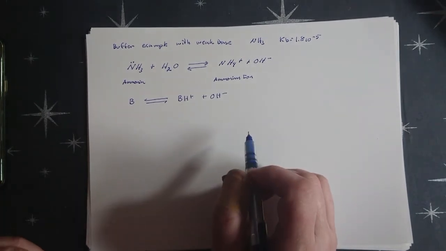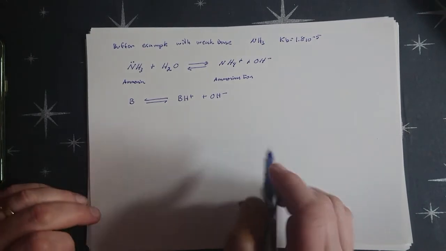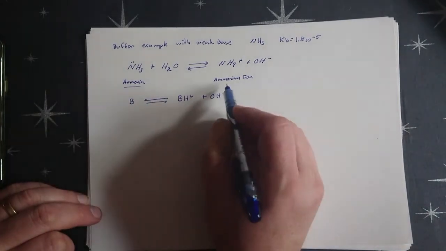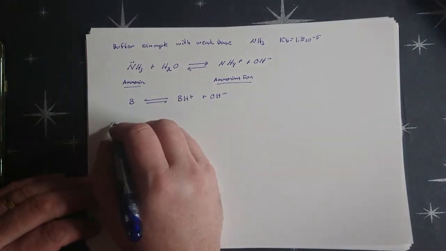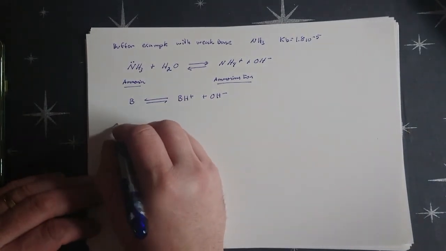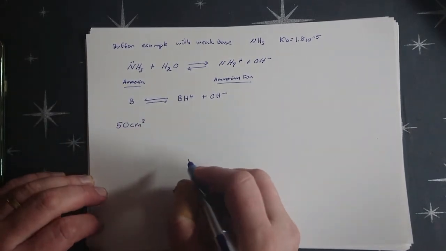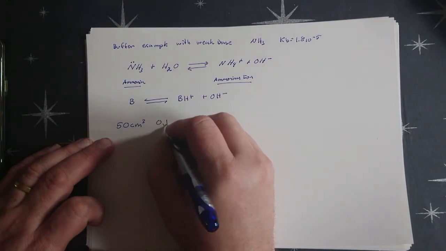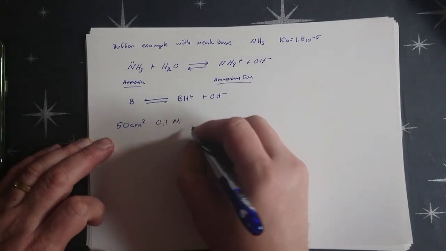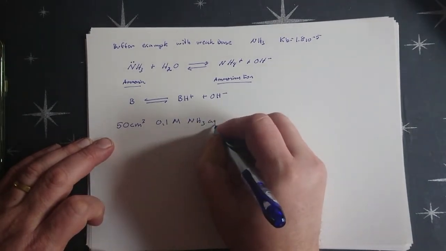So we're going to have then a basic buffer using ammonia and the ammonium ion. And the way we would mix one like this, let's just make one really simple one. It has a two-component buffer. Let's say we take 50 cubic centimeters of 0.1 molar NH3, so that's an aqueous, of course.